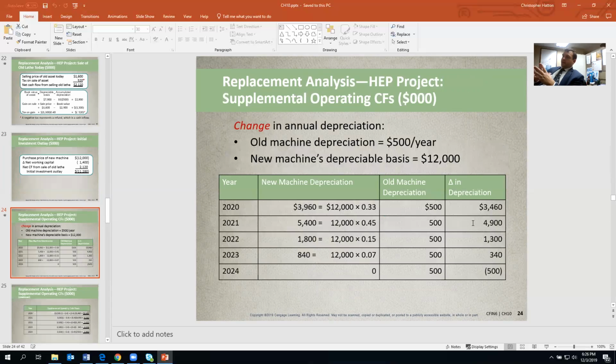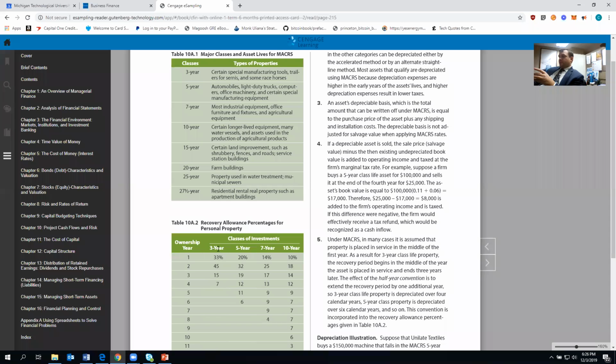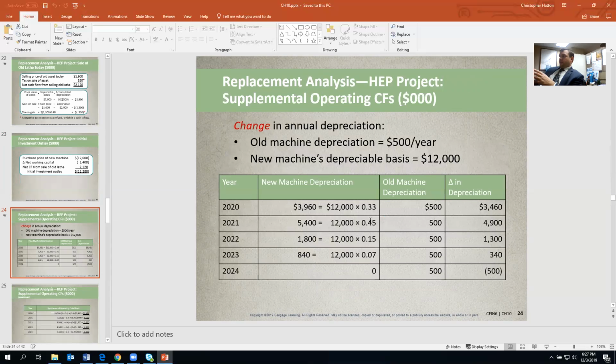So looking at it in a table form, you have your initial investment outlay, so your depreciable base times the MACRS rate. So that's 33, 45, 15, and 7.